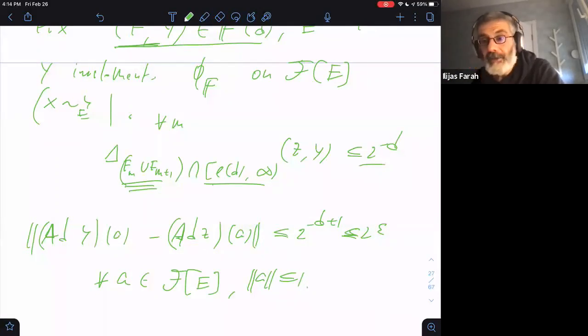Okay, so this ends the coherent family part of the proof. And I have a few more minutes, so I'd like to make a few more remarks, but of course, if you have any questions, let me know. I should say that this lemma was generalized by Andrea Vaccaro and by Alessandro Vignati in very different directions.